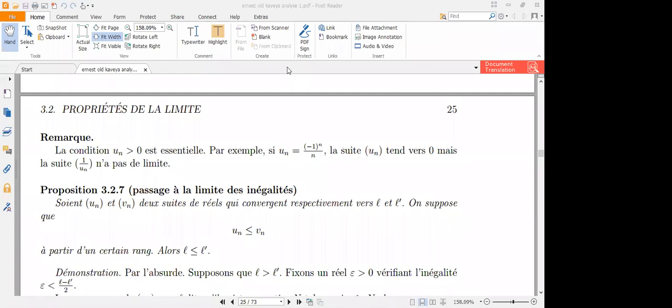Even the adjacent suite as well. I'll roughly explain the adjacent suite and the recurring suite later on. Those are very, very important.